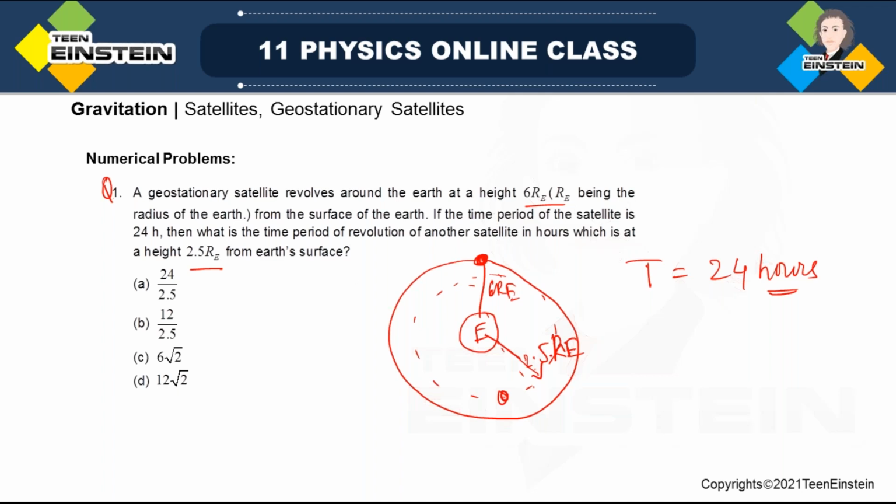In this case, you have to find out: if a geostationary satellite rotates around the Earth, it has a time period of 24 hours, then what will be the time period for this satellite, which is 2.5 RE away from the Earth's surface?